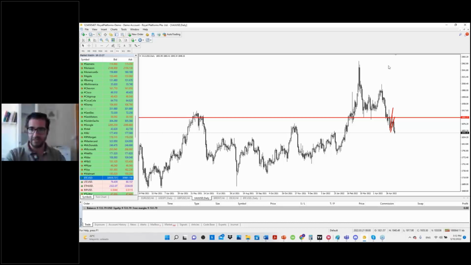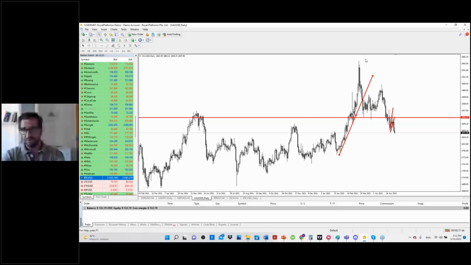If you would like to use a tool for change of direction, a trend line is really efficient. The market managed to break this trend line to the downside, plus the market managed to break this previous swing high here, and close below these lows. So the market is clearly moving to the downside.